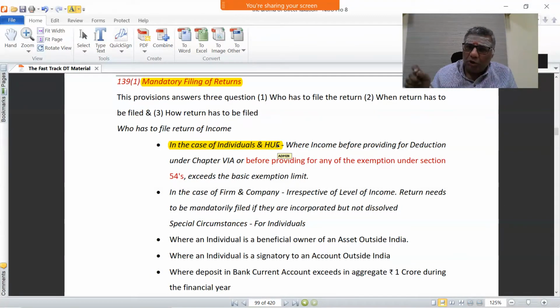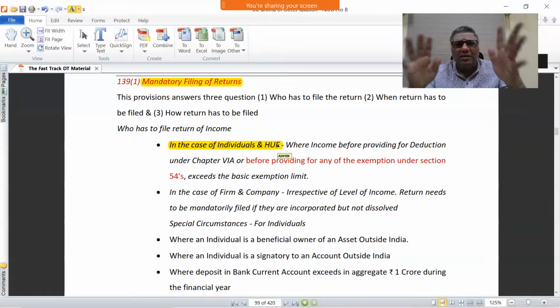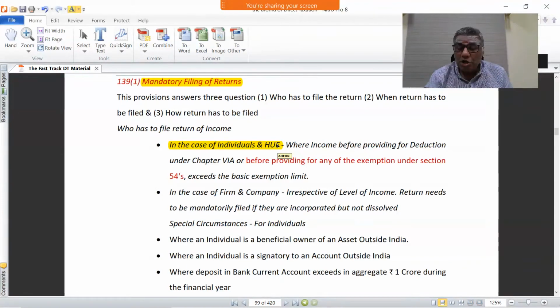So we all know if the gross total income exceeds the basic exemption limit, you need to file your return. If the gross total income, and also before providing for any exemption under section 54, any of the 54.